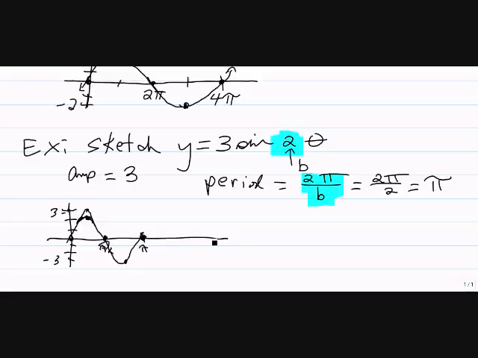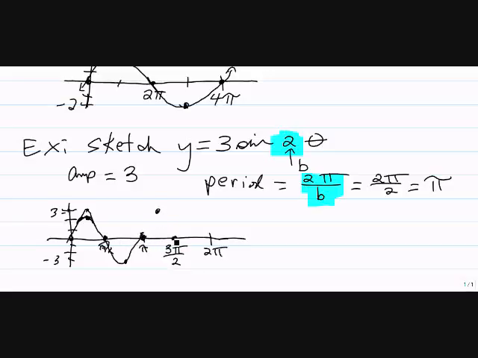All right, if I wanted to go all the way out to 2 pi, let me go another period of pi. Pi plus pi is going to be 2 pi. Halfway in between 1 pi and 2 pi is 1.5 pi. I start at the horizontal axis. Quarter of the way through my cycle, I go up to my maximum.